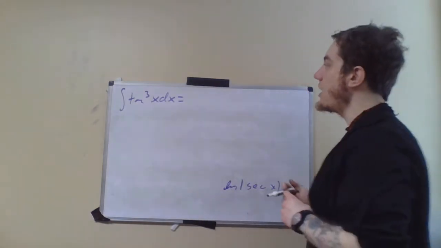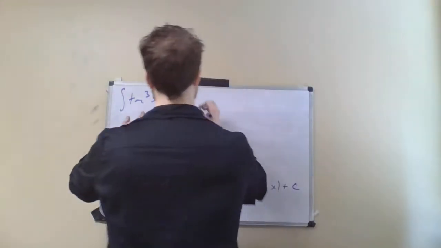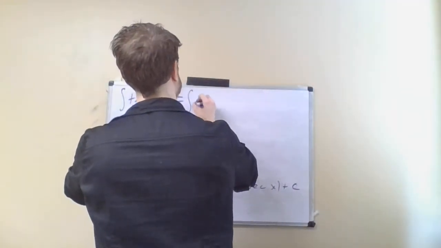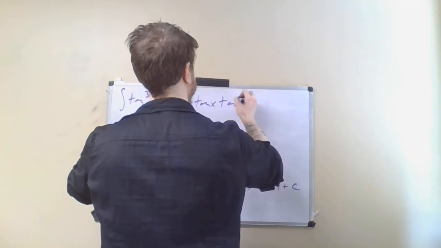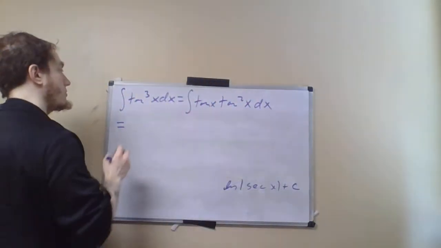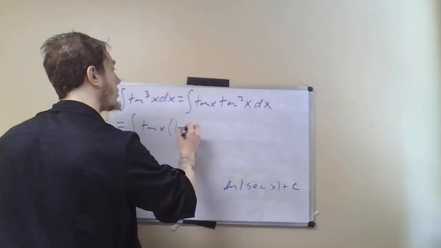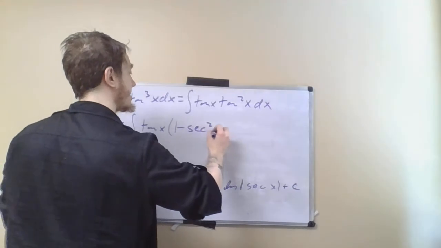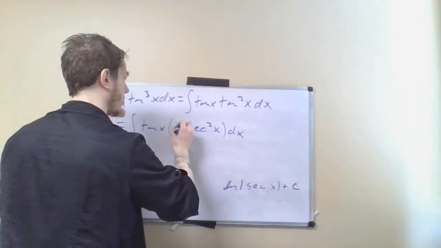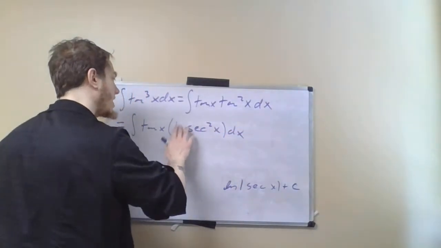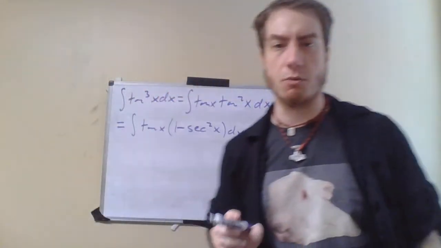So I can say, all right, let's take this tangent cubed and let's rewrite it as tangent x times tangent squared x dx. And then what I can do is I can say this is actually the integral of tangent x times 1 minus secant squared x. I'm sorry, why am I getting so confused here with my signs?